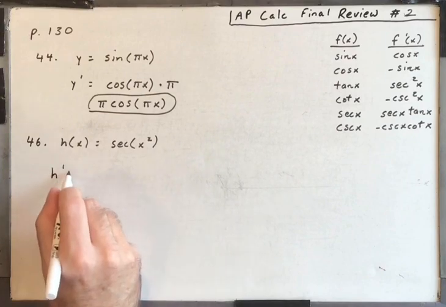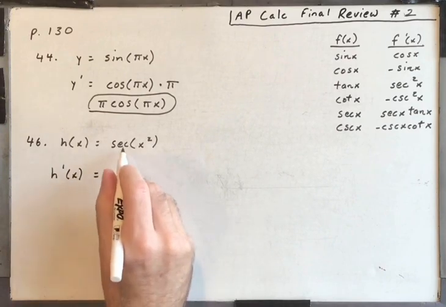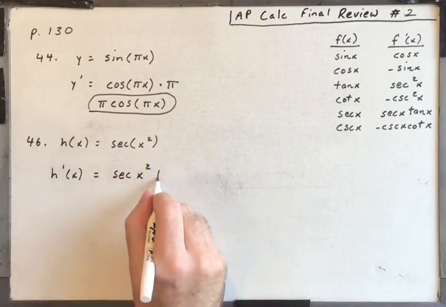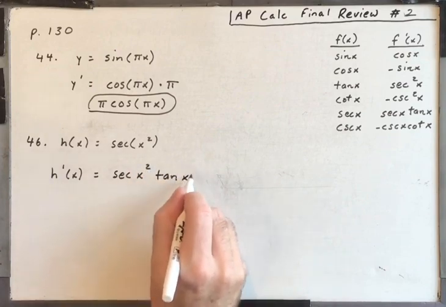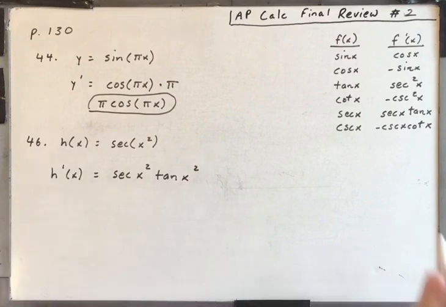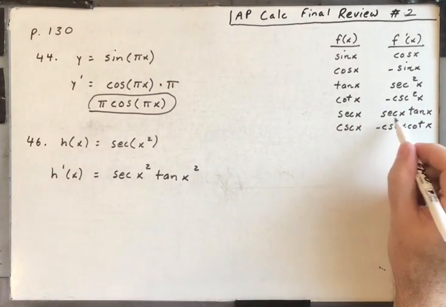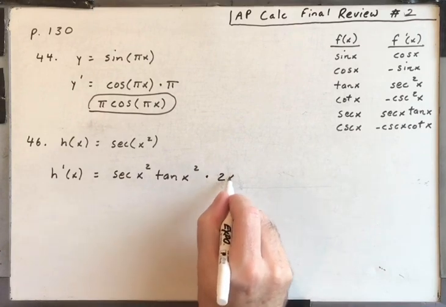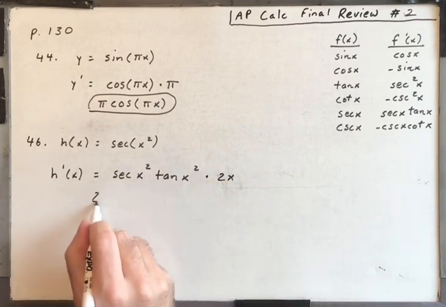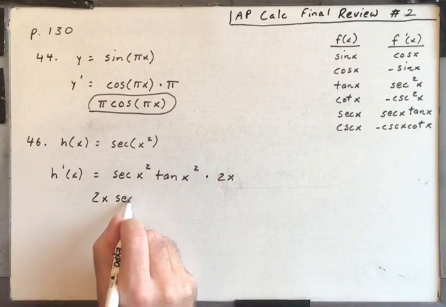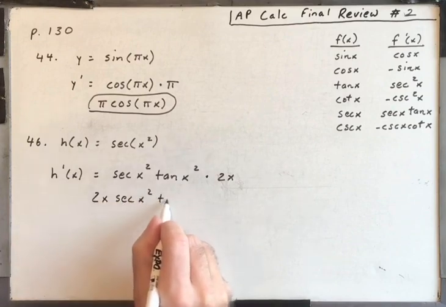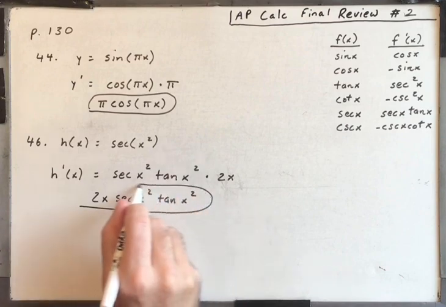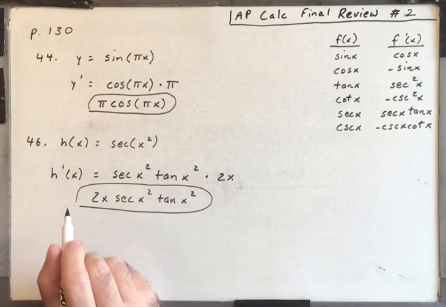So h prime of x is going to be secant of the block times tangent of the block, secant x squared tangent x squared, because the derivative of secant is secant tangent, times the derivative of the block, 2x. So we'll just bring that 2x out front. All right, and there we go.